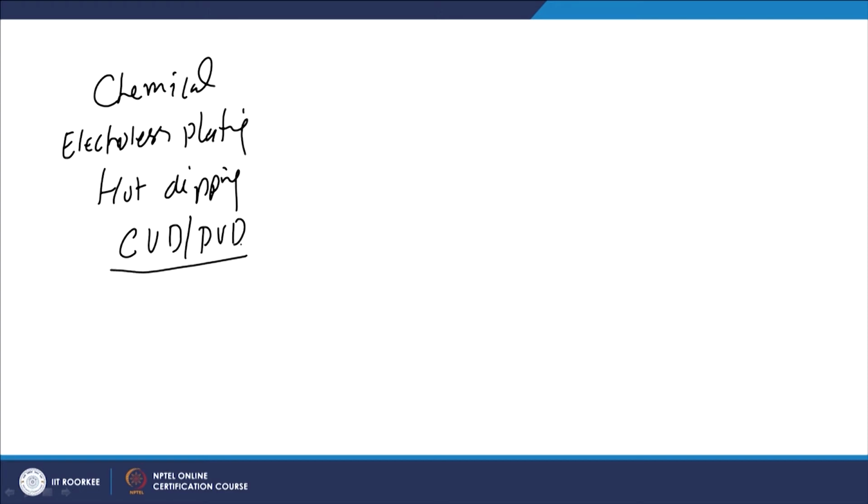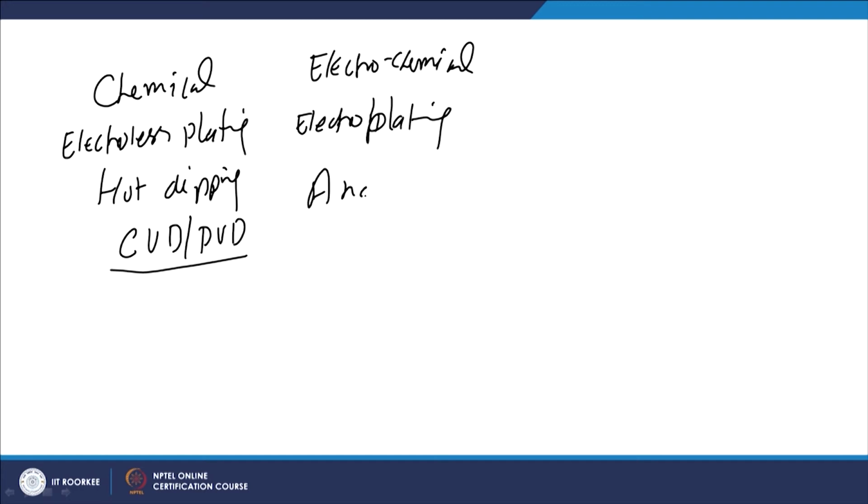These methods are very overlapping in nature, where the surface composition is also modified or a very thin film is developed at the surface of the substrate. Then we have the electrochemical based methods involving electrolysis, in the electroplating method and anodizing.